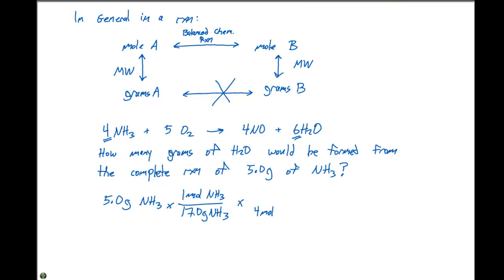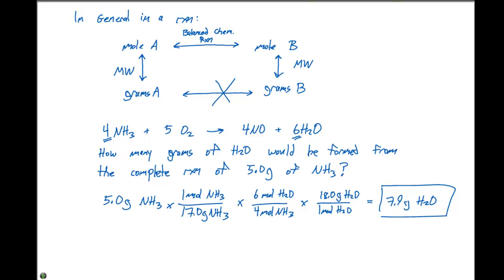So 4 moles of NH3 go in the denominator, and 6 moles of H2O go in the numerator. The last step is to convert the moles of water to grams of water. For every 1 mole of H2O, we can add up everything from the periodic table to get 18.0 grams of H2O. This will give us 7.9 grams of H2O.